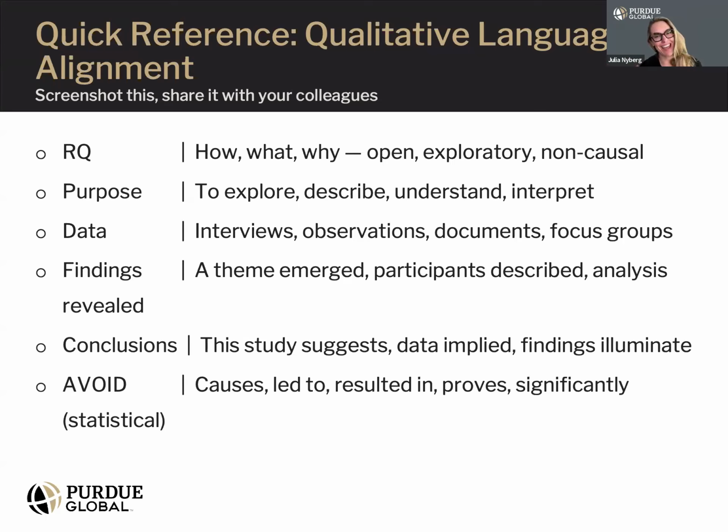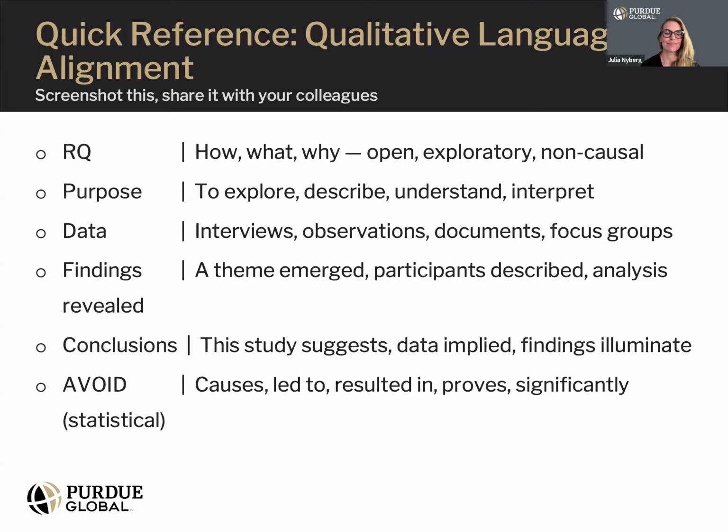They're open and exploratory. They do not ask whether X causes Y. Next up, your purpose language. That is to explore, to describe, to understand, to interpret, not to determine, to measure, or to prove.